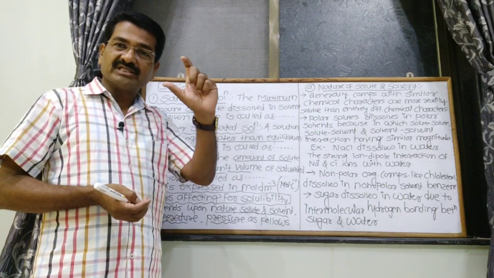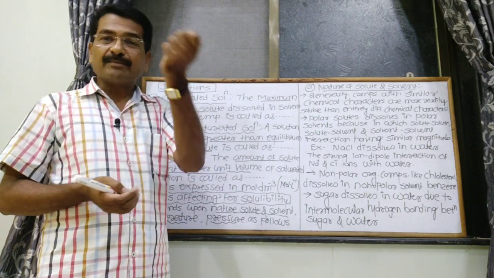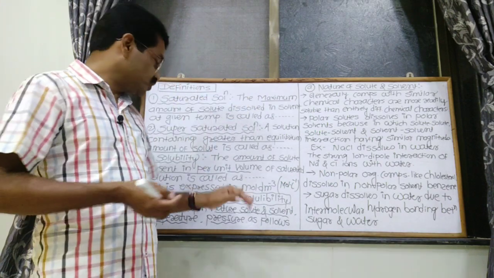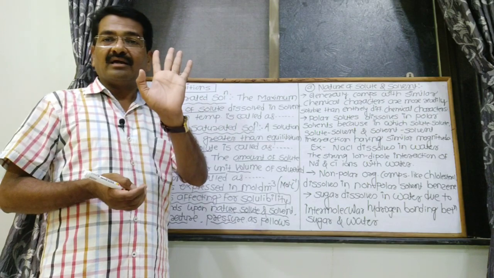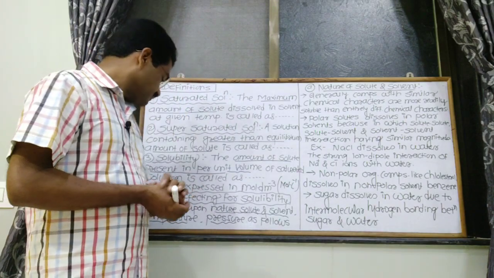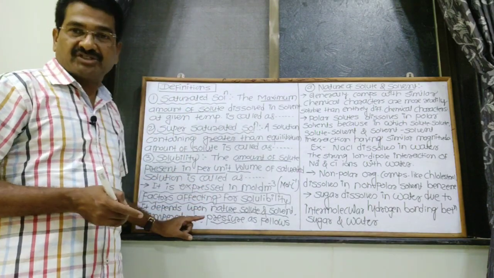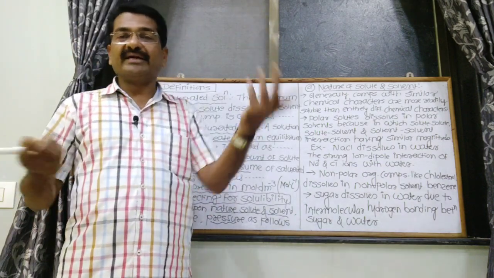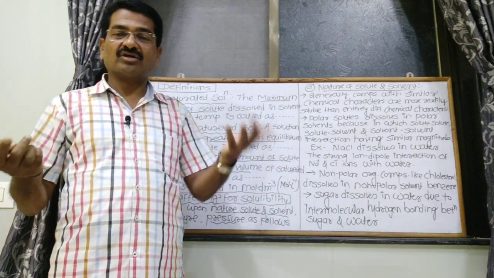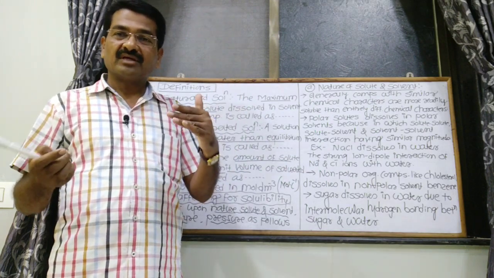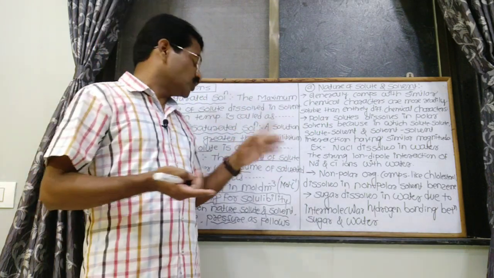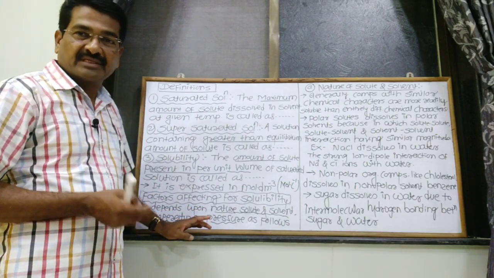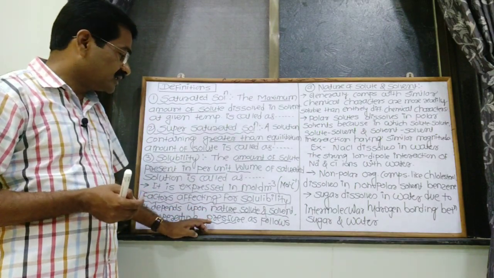We can form solutions, and that solution contains which type of solute and solvents. Depending upon that, the solubility can be calculated. Second factor is the temperature. When temperature is increased, what happens to solubility, or when temperature is decreased, what happens to solubility. So temperature also affects the solubility. And third factor is the pressure.